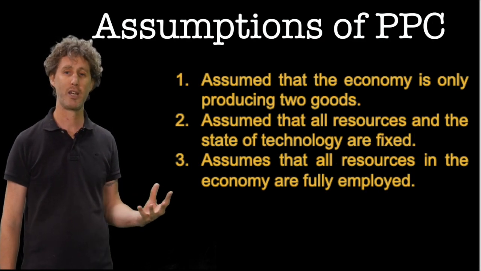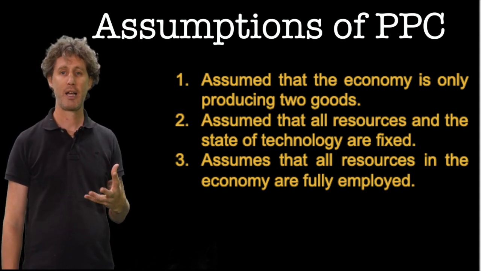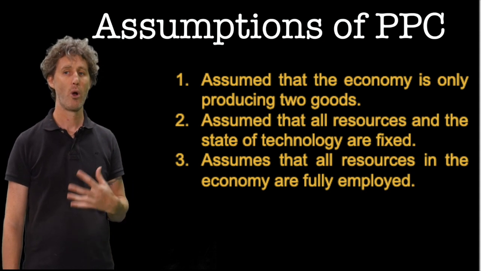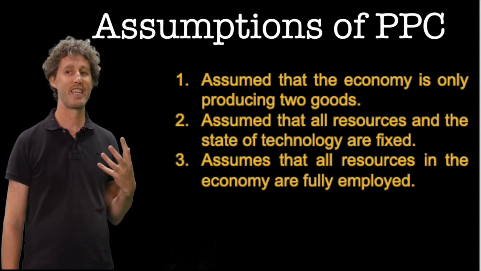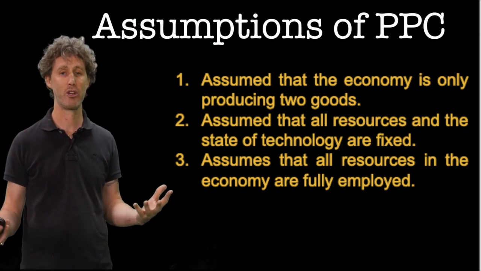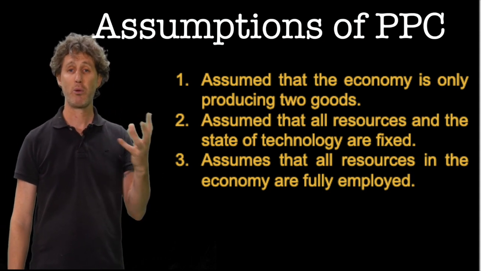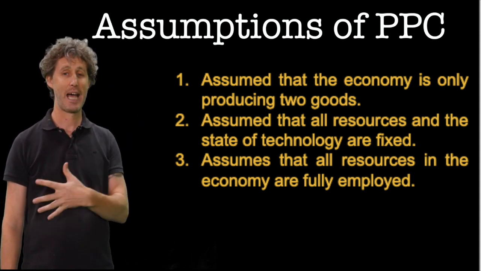All models in economics have assumptions associated with them, and the PPC curve is no different. One of the assumptions is that the economy is only producing two goods. You might say, well, that's not a realistic assumption. Okay, in our model, we're producing what we call consumer goods and capital goods.